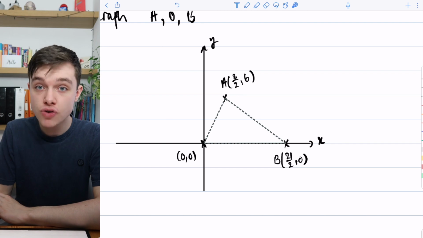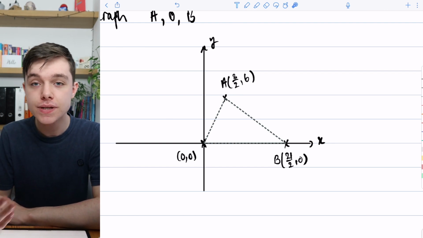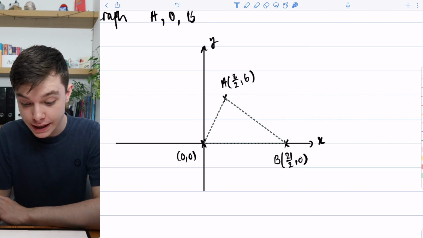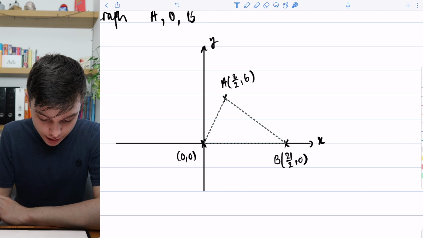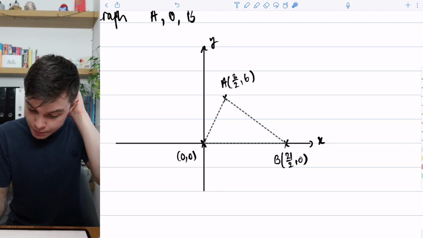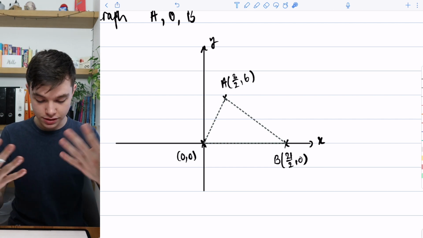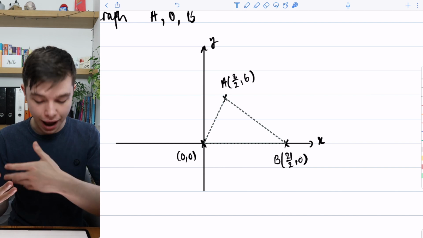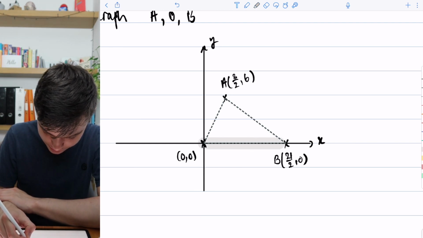So it's just a triangle, and to work out the area of a triangle, it's a half times the base times the perpendicular height. So that's all we need to do, okay? Depending on how you look at the base, depends on what you use as the base, but I'm going to use the base as the floor, the bit that looks like the floor, the base on how I'm looking at it, okay? I'm going to use this bit to be the base.